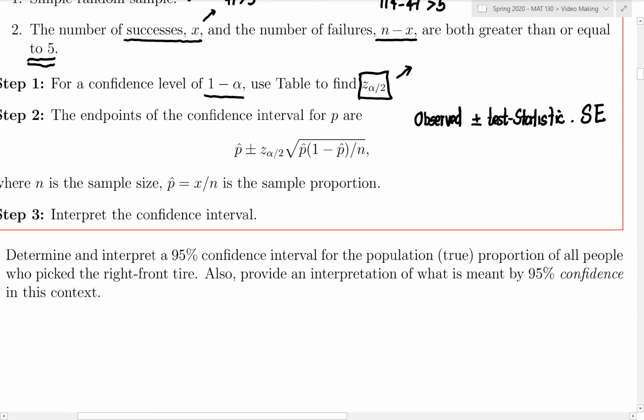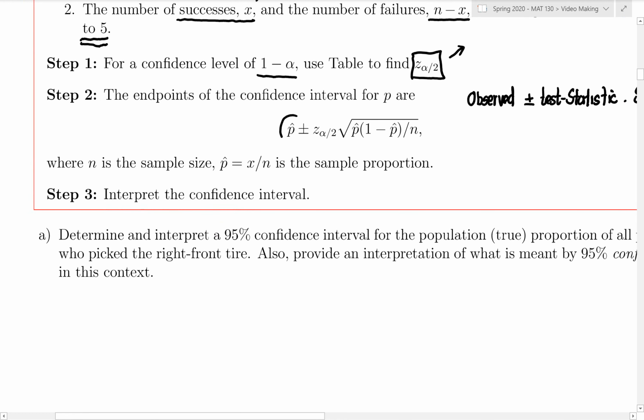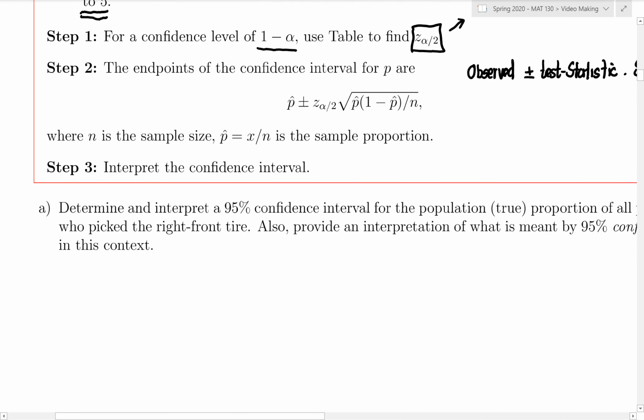That formula gives us the endpoints for the confidence interval. It's the same thing here: we use our sample proportion, which we observe, plus or minus our test statistic, times this quantity here, which is our standard error. Finally, once we have our confidence interval, we go ahead and interpret it.